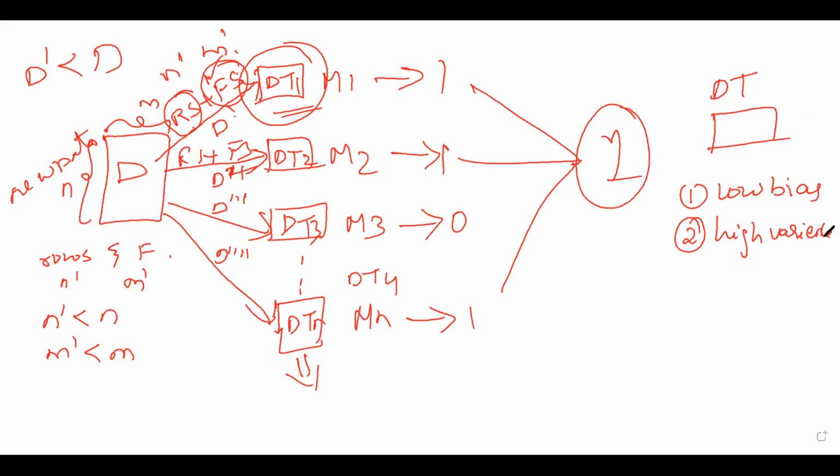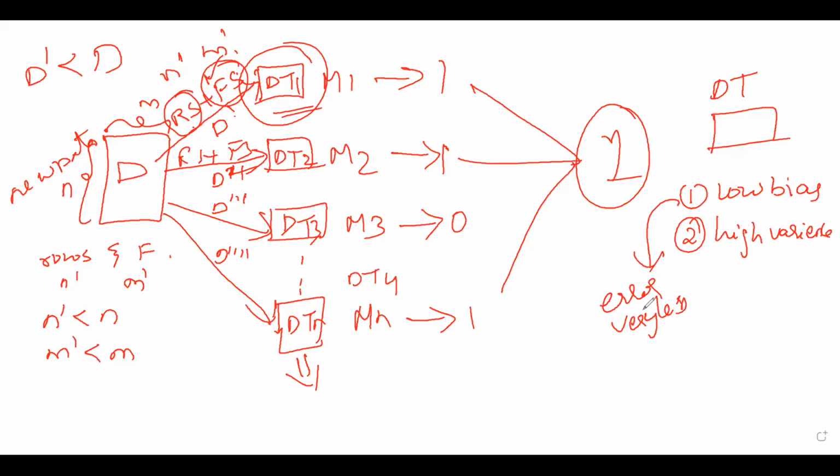If we create a decision tree to full depth, it will be properly trained on our training data set, so the training error will be very low.